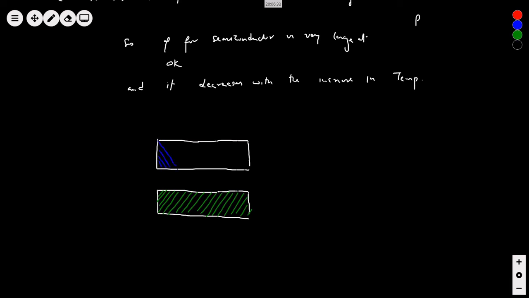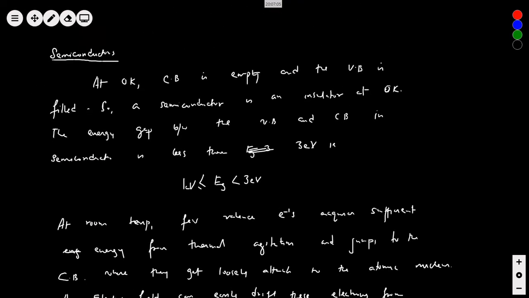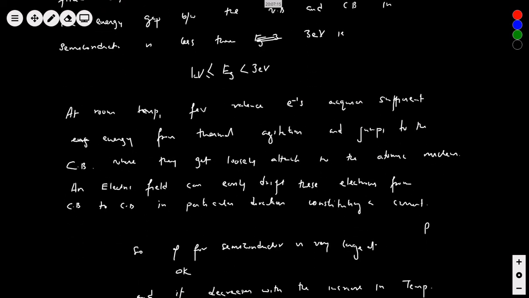This represents the empty conduction band. This gap is Eg less than 3 electron volt. So this is how we classify the three, metals, insulators and semiconductors, based on the energy band diagram.